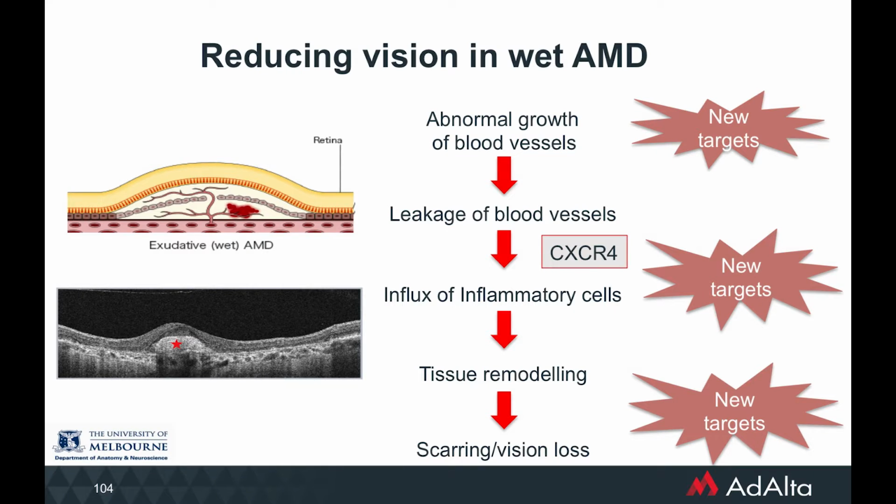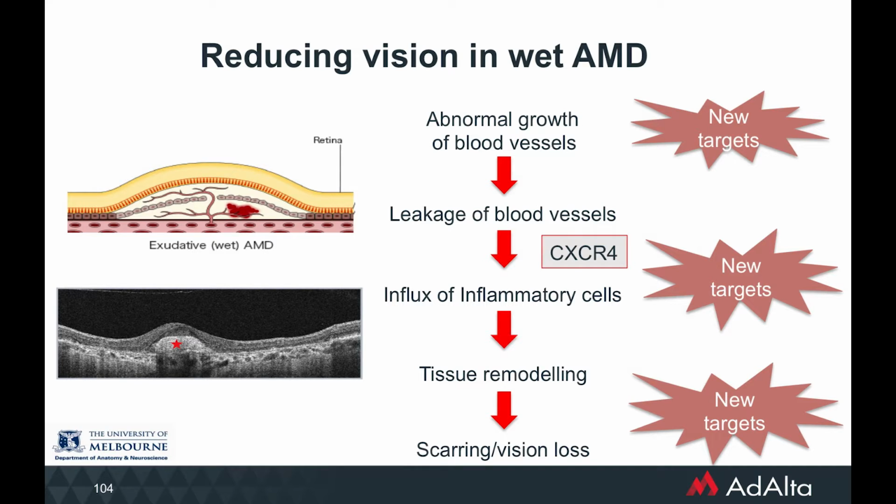Okay, so when we talk about reducing vision with wet-AMD, obviously we're targeting the abnormal blood vessel growth. This basically means we do need to think about what is the mechanism of angiogenesis in the back of the eye, and are there other common pathways that we can target? There's certainly some preclinical development in that area.